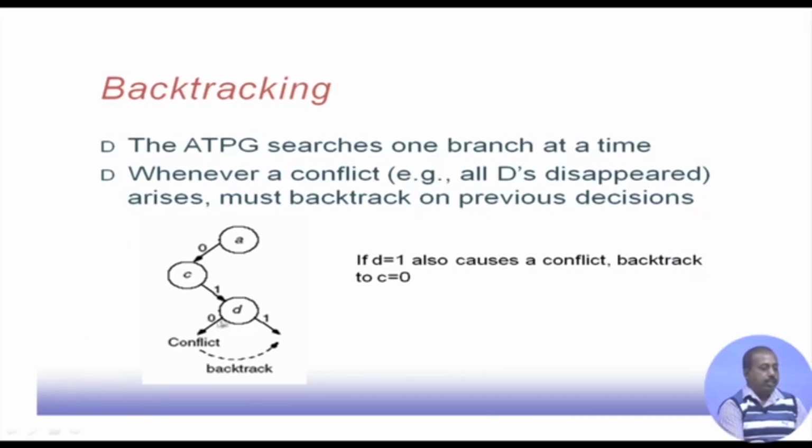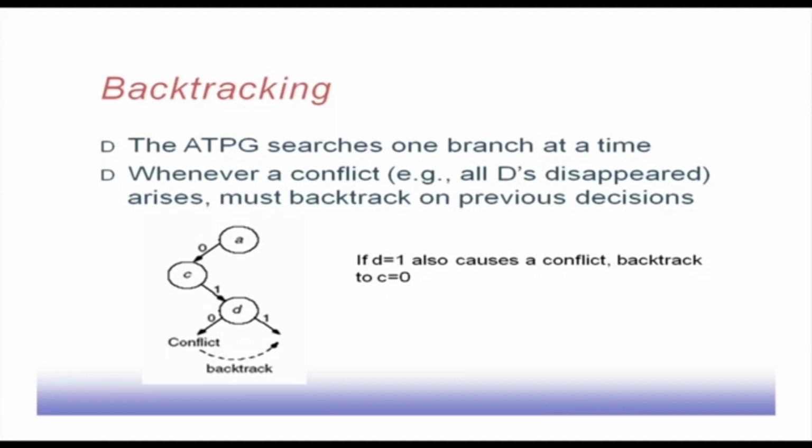As I was saying, if I find that A equal to 0, C equal to 1 and D equal to 0, then after coming to this point we may find that a conflict has occurred. A conflict means there is no more D present in the circuit. We can set that D to 0 or 1, and all the D's have disappeared. All the input values got specified, and there are conflicting requirements on different paths for the excitation and propagation of this fault to the output.